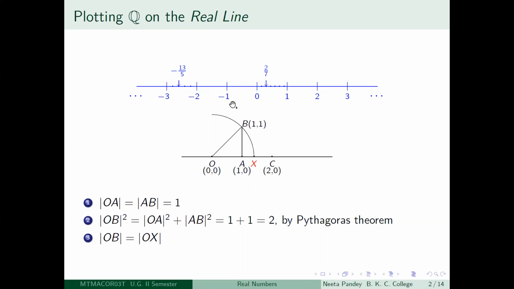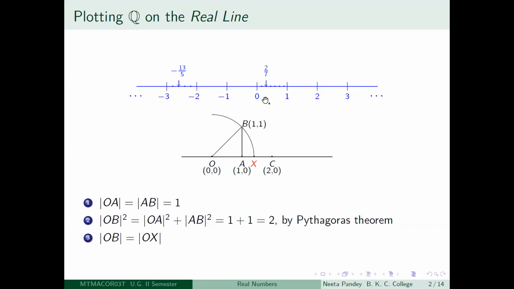So in this way, the set of integers can be plotted on the straight line which you have chosen on the plane. Now, if you want to plot the fractions, what you have to do is a little bit of arithmetic and geometric calculations. So I'm just giving you two examples to see how this is done. First of all, suppose I take the fraction 2 by 7. So this fraction is between 0 and 1.